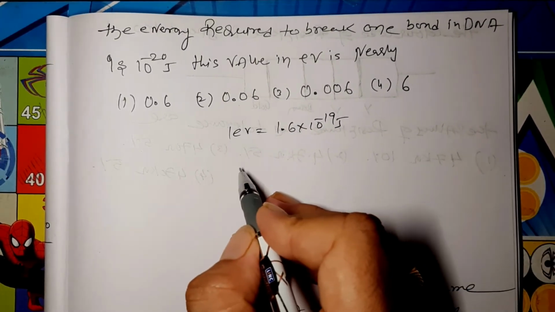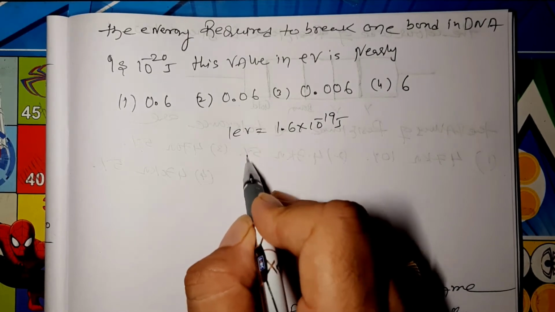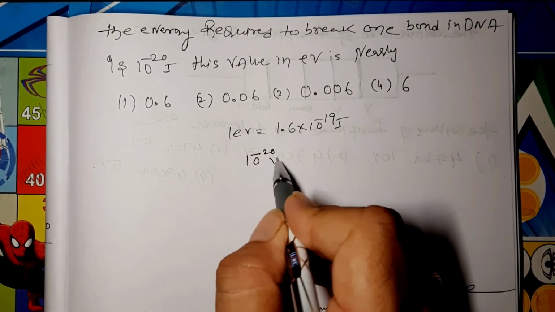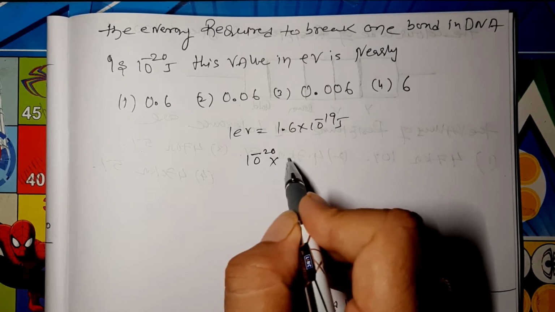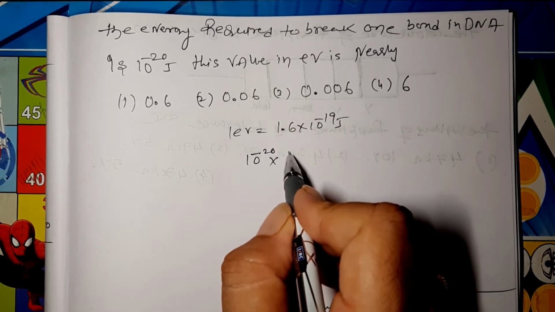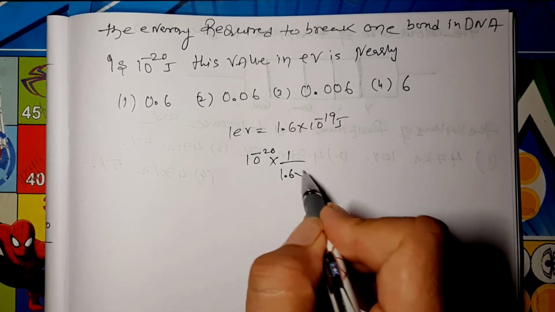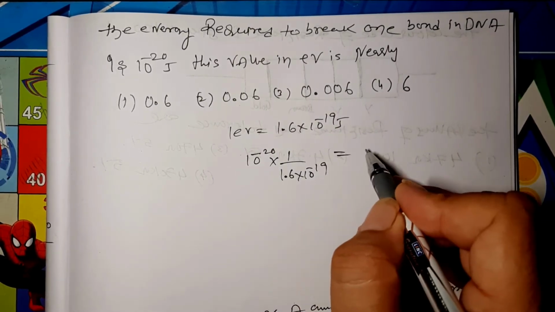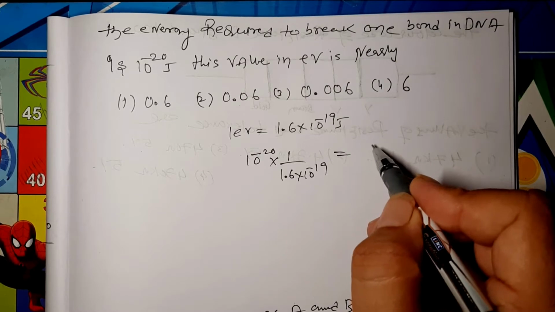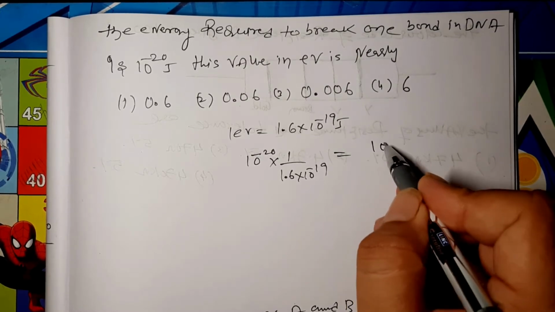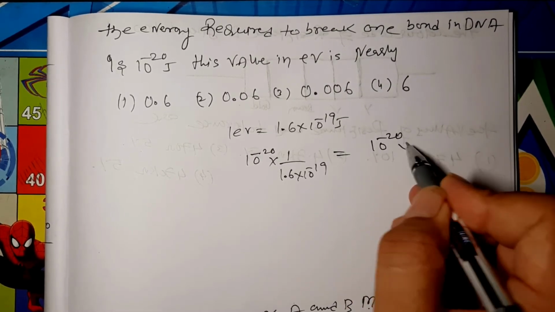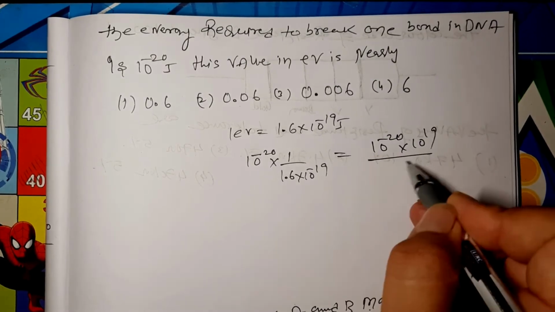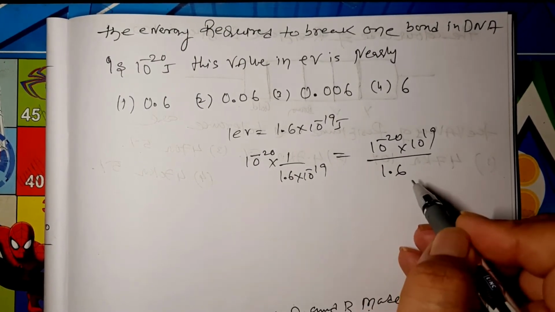Here, 10 to the power of minus 20 into 1 by 1.6 into 10 to the power of minus 19. That is equal to 10 to the power of minus 20 into 10 to the power of 19 divided by 1.6.